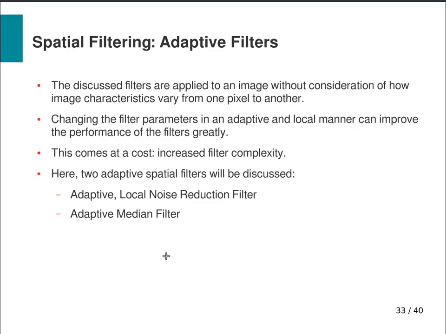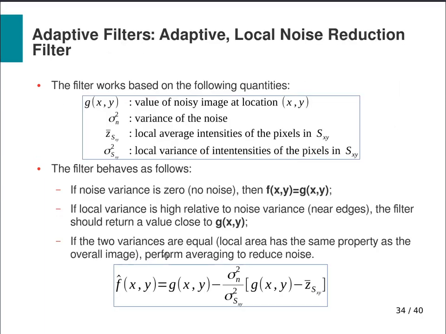So here I talk about two adaptive spatial filters. The first one is the adaptive local noise reduction filter, and the next one is the adaptive median filter. For the adaptive local noise reduction filter, we work based on these values. We have g of x and y, as you saw before, which is the value of the noisy image at location x and y.